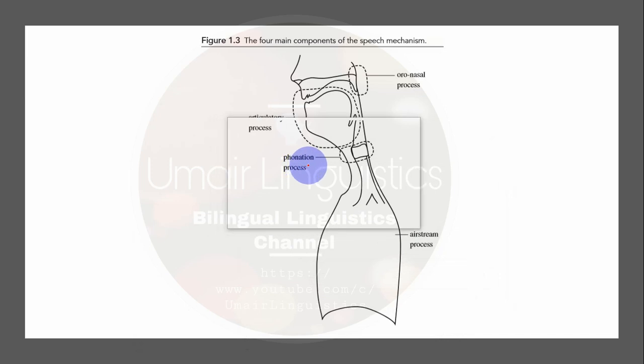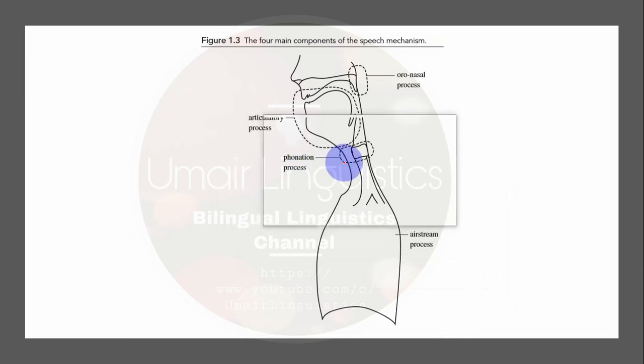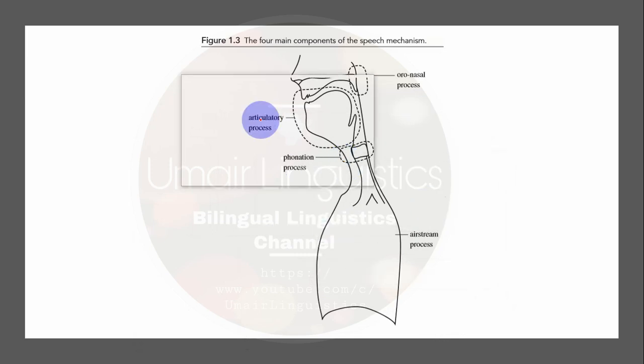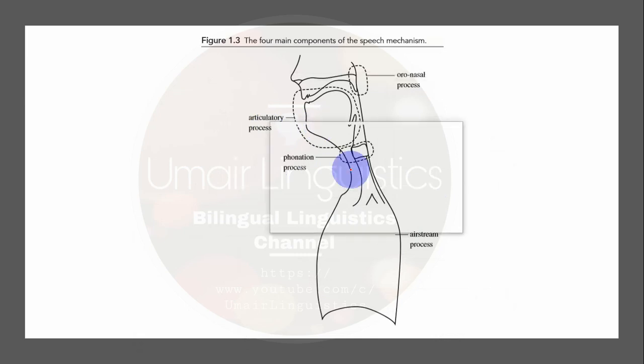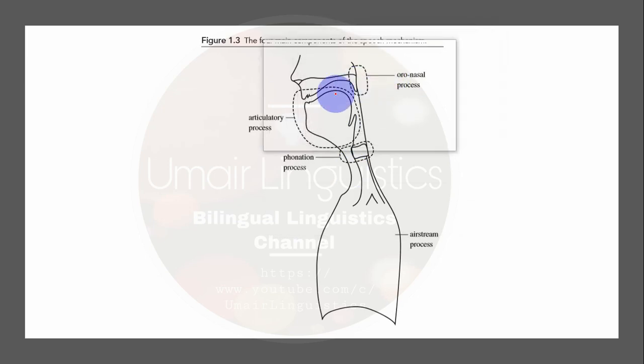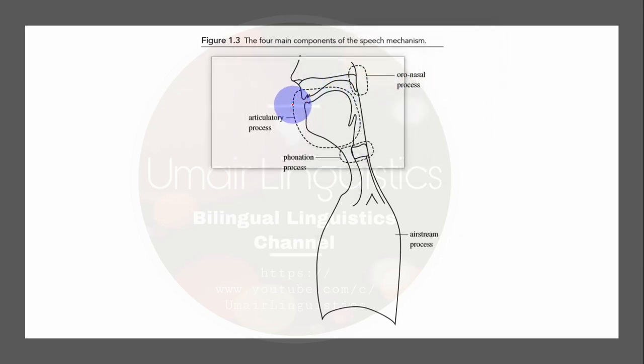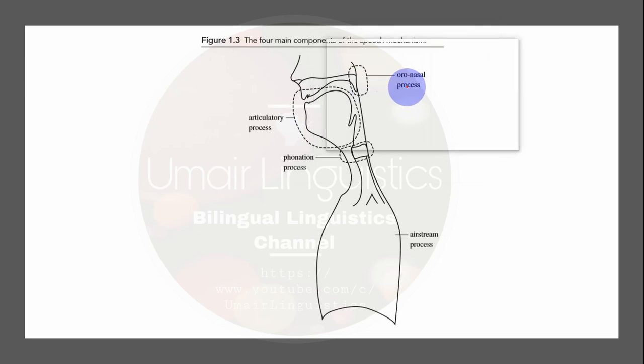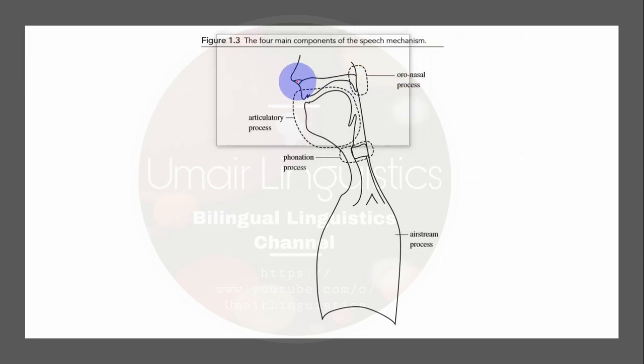And here it is written phonation process, because here are the vocal folds, and how the vocal folds will vibrate will be decided here. And then we have the articulatory process, how the tongue is contacting the roof of the mouth or the teeth. And here we have the oronasal process. If the air is coming out of the mouth, then we say it is the oral process, but if the air is coming from the nose here, then we say it is a nasal process.